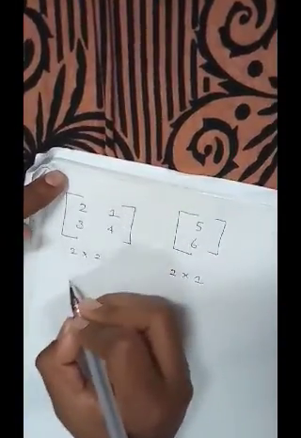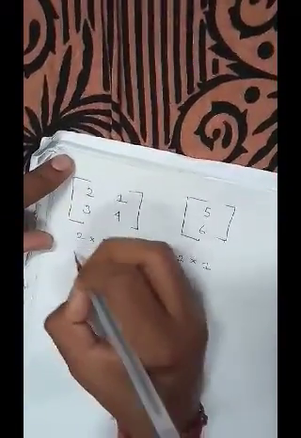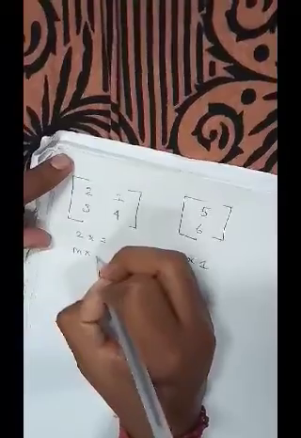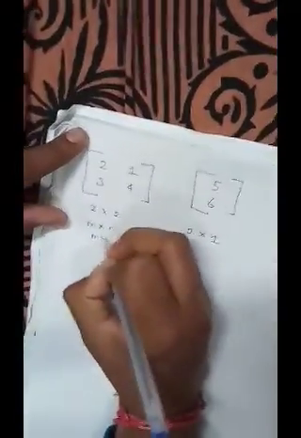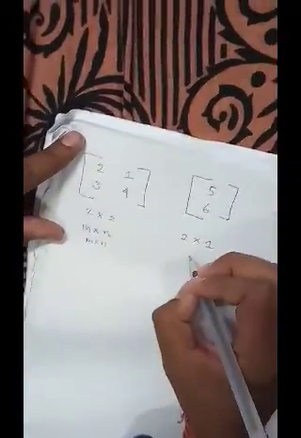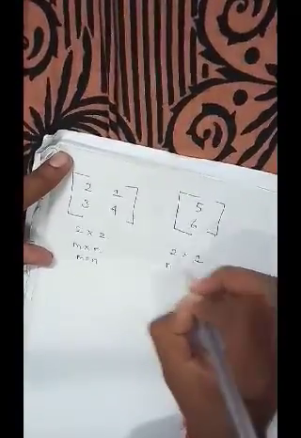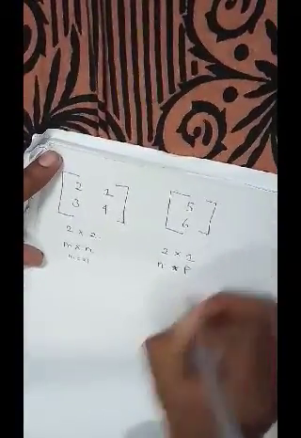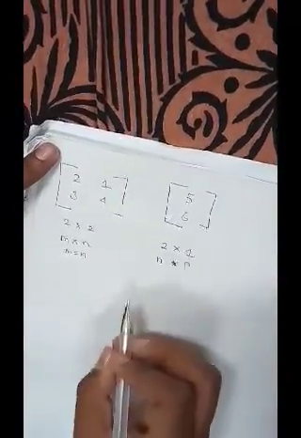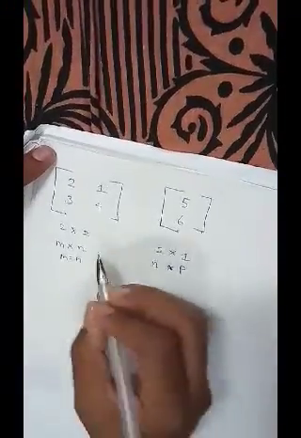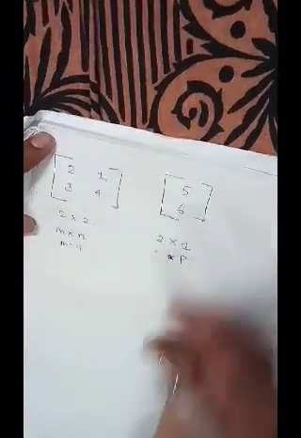So the first matrix is of order 2 into 2, and hence I write it as m into n, where m is equal to n. And the second matrix as a matrix of order n into p. And here let's check the condition for matrix multiplication, which we had discussed before.